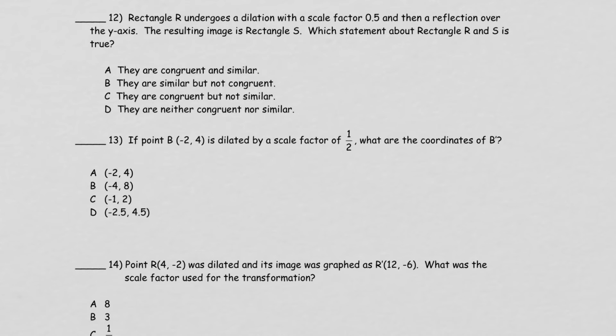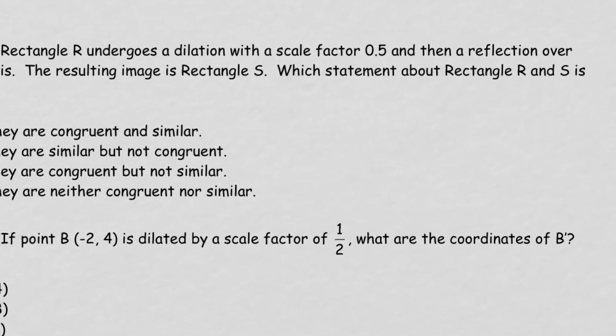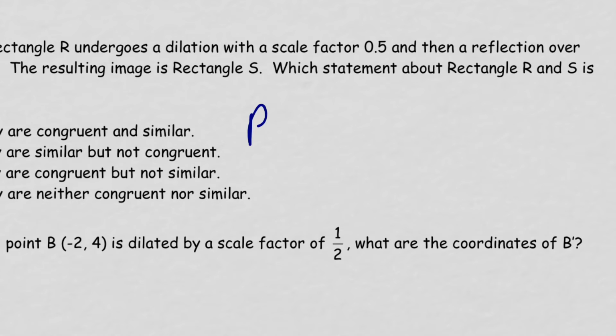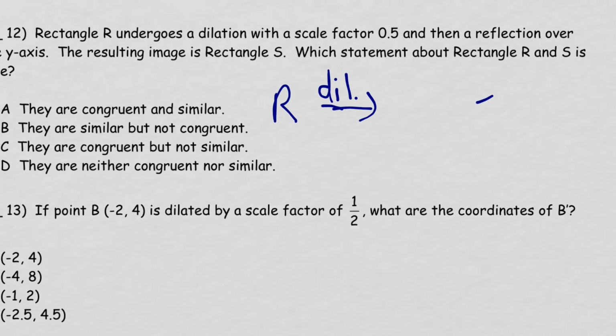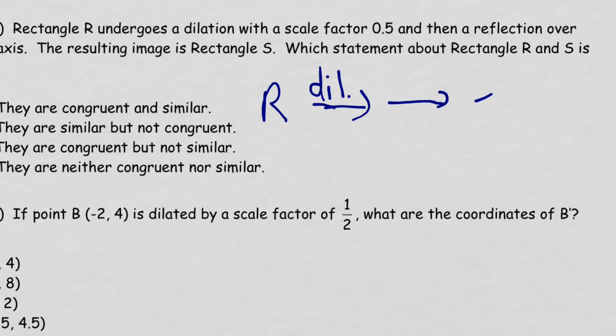So we're going to have R, and R is going to be dilated, and then it's going to be reflected over the y-axis. So after it's dilated, it's going to be reflected.